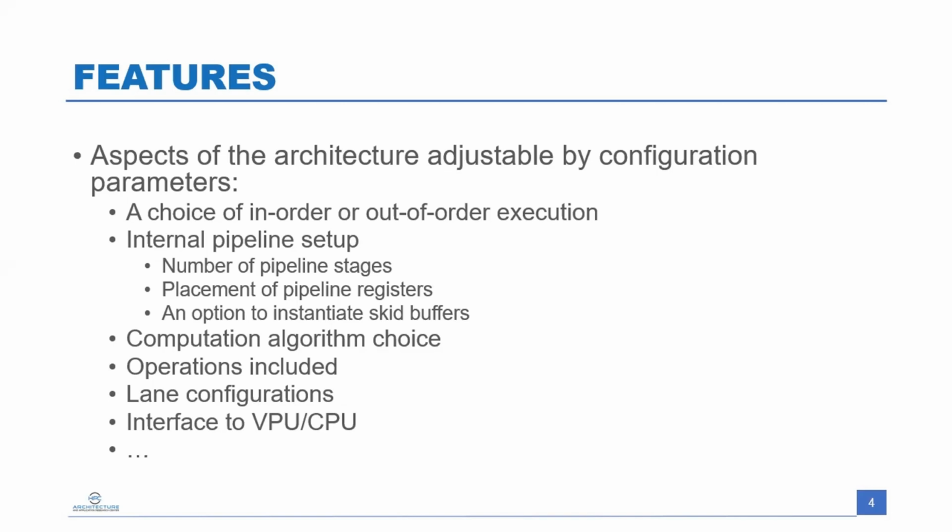At one point it was decided, okay, we need 5 pipeline stages, but this is only one design. If we want to use it in different configurations, we might need fewer or more pipeline stages.